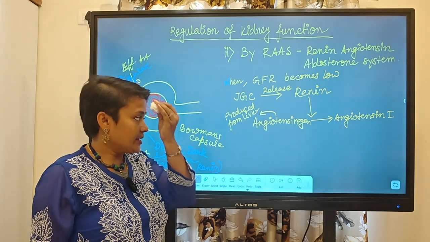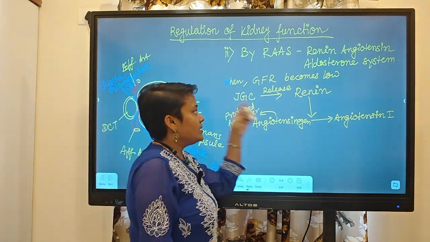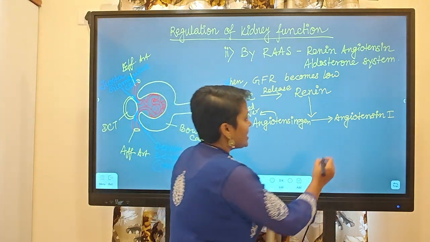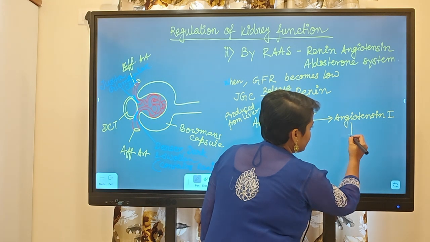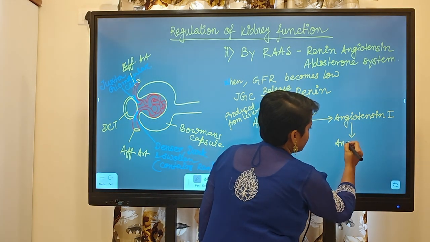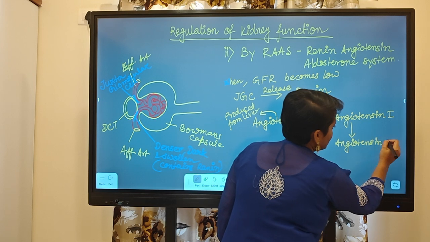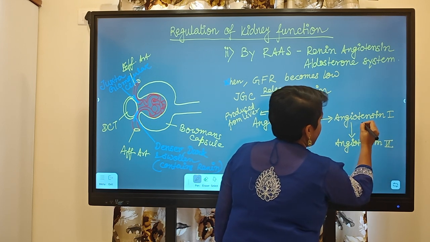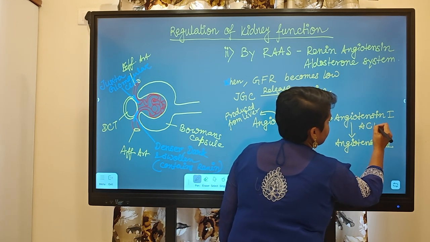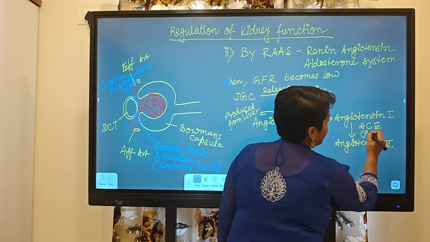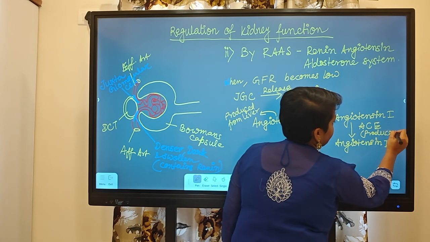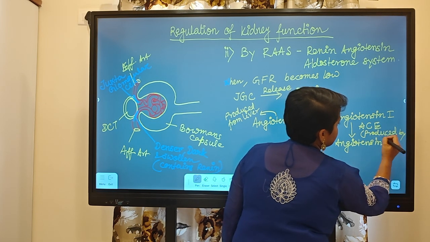That will be converted to angiotensin 1 by renin, and angiotensin 1 will be converted to angiotensin 2 by angiotensin converting enzyme, which is produced by the lungs.